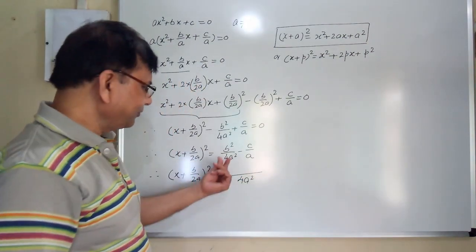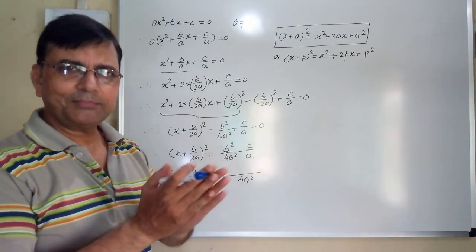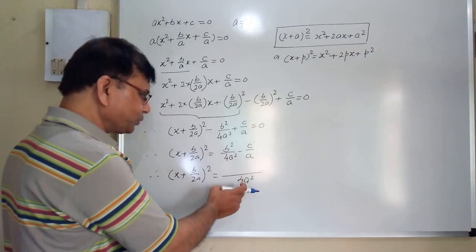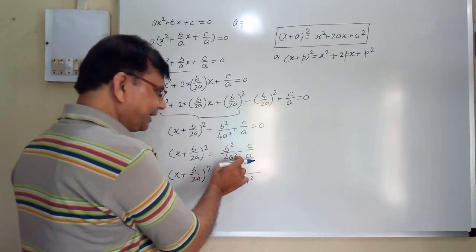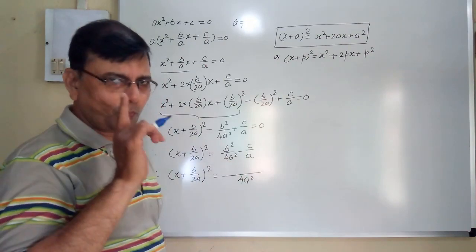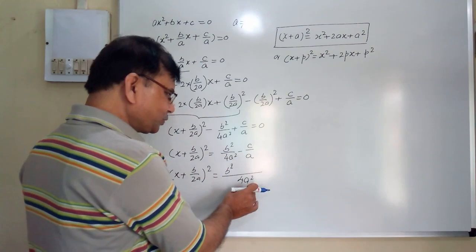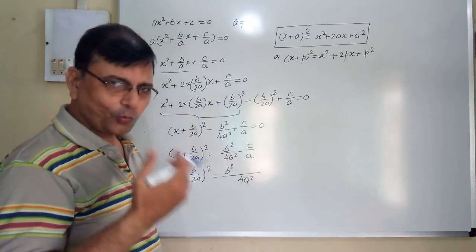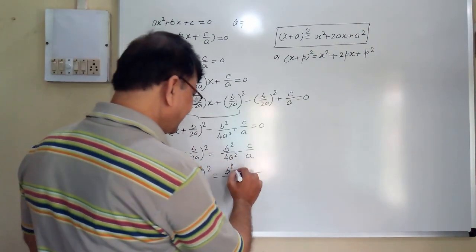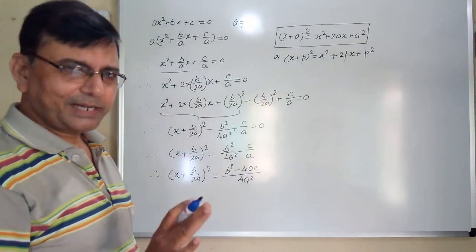If you take the LCM, what will come? 4a square, and then this will be divided by each denominator. 4a square divided by 4a square gives 1, and 1 into b square is b square. 4a square divided by a gives 4a, multiplied by c, that is minus 4ac. Is it understood?